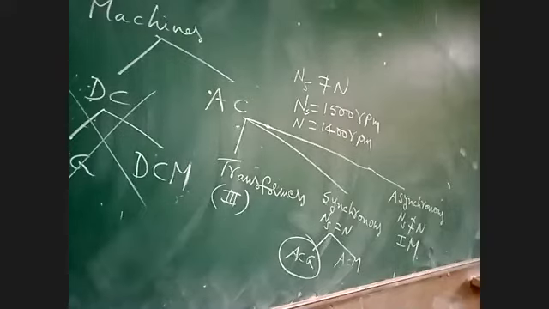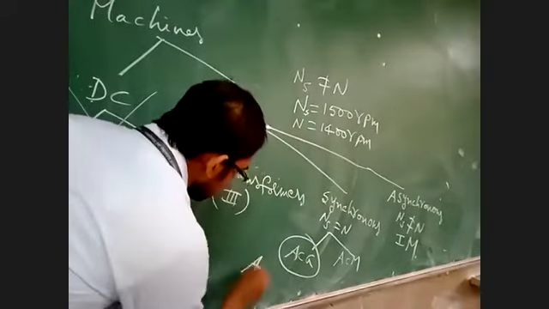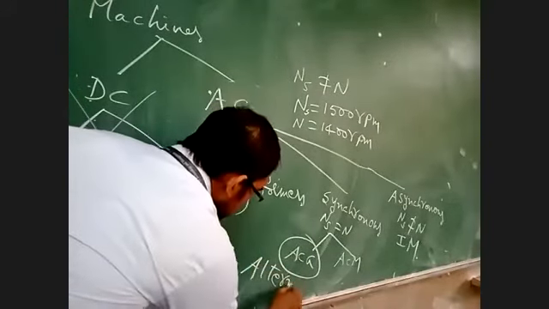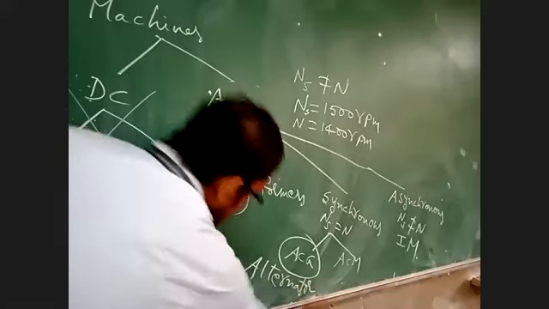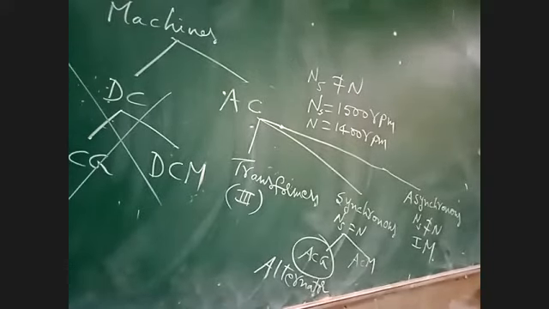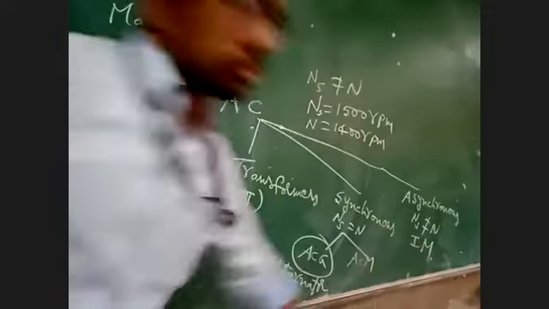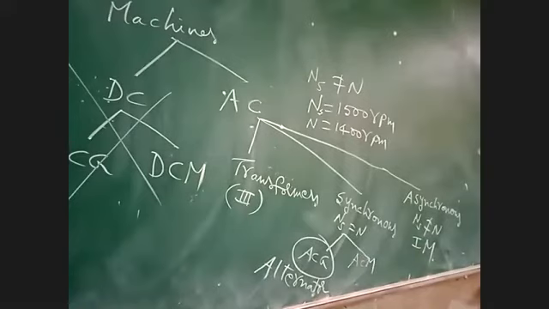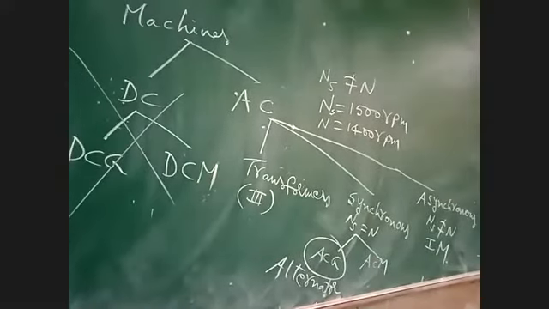There is no AC motor in your syllabus. AC generator is also called as alternator. Okay. So if you want to study the induction motor, you need the concepts of some DC generator.